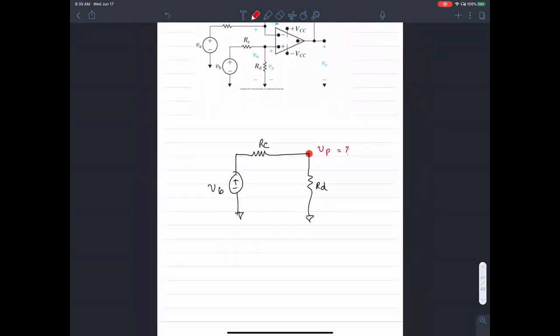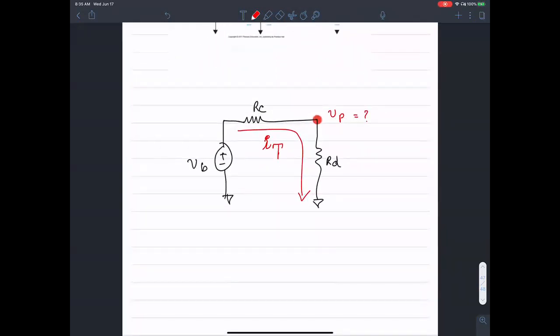Well, the whole premise of voltage division is noticing that all of this current, I'll call it I total, just some random name. The voltage VP would be the current flowing in here, I total, times RD.